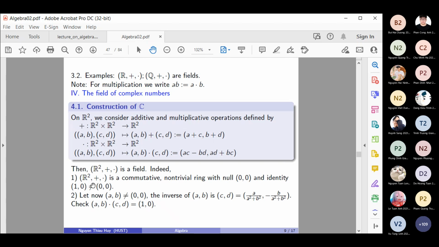Our first purpose is to check that R square with addition and multiplication defined that way is a field. Actually, you have to check this is commutative. It's clear because the addition of real numbers is already commutative, and non-trivial, a ring.